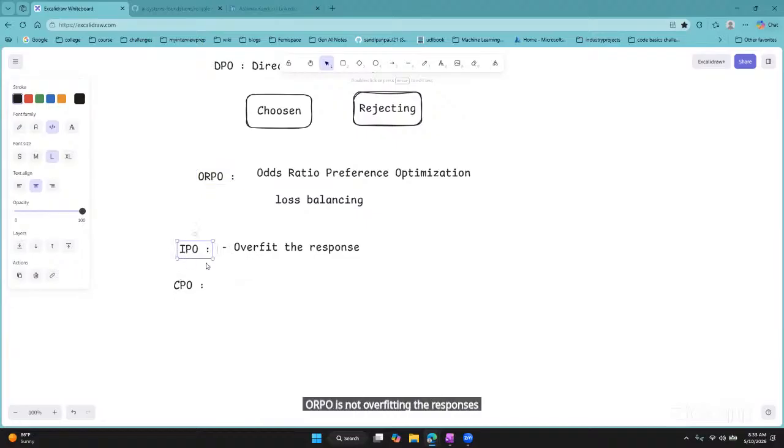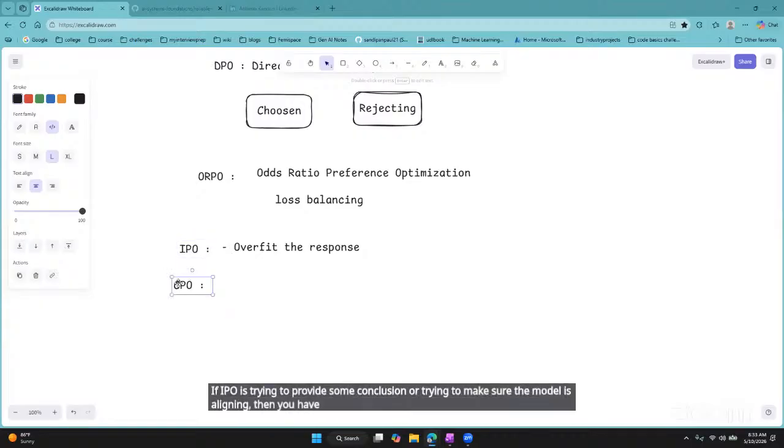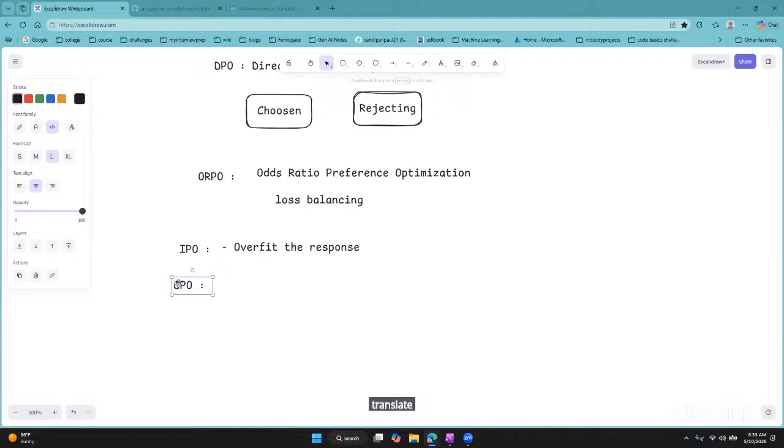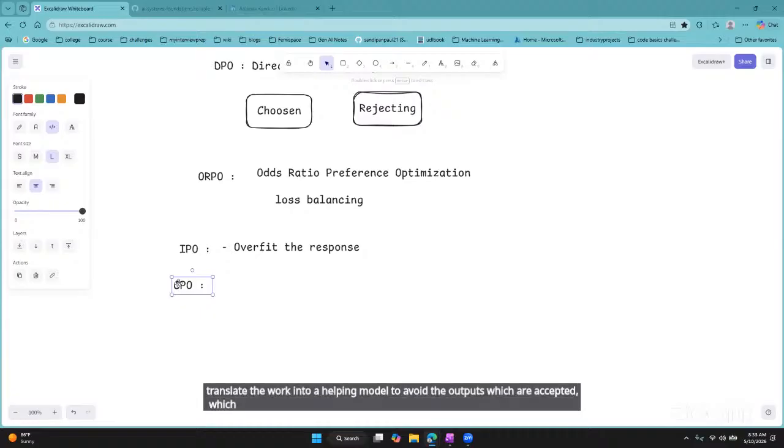If IPO is trying to provide some conclusion or make sure the model is aligning, then you have contrastive preference optimization, which is trying to segregate preferred outputs and dispreferred outputs, to make the model avoid the outputs which are not ideal at the same time.